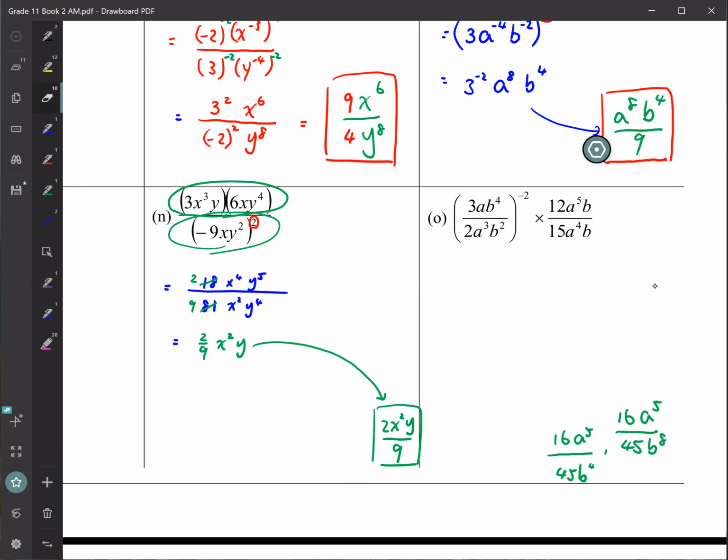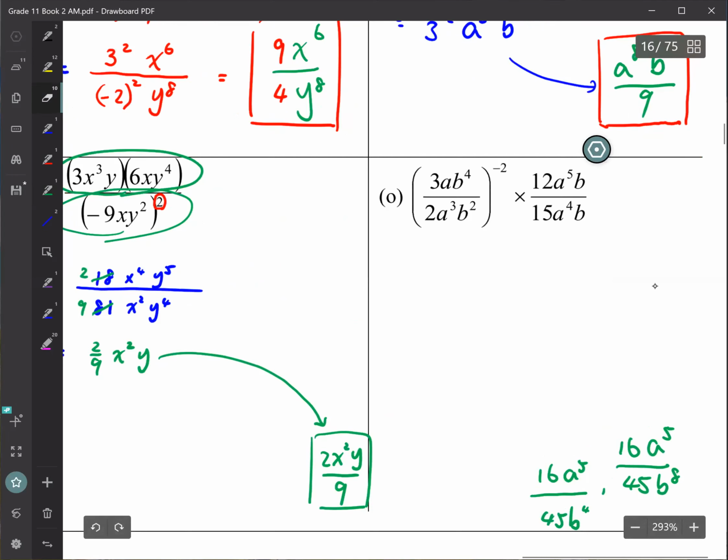Okay, these two are very similar, where b to the 4, b to the 8. So let's see what happens to the exponent here. We need to have a plan. So many things. What you could do is simplify each first before you multiply. There are many ways.